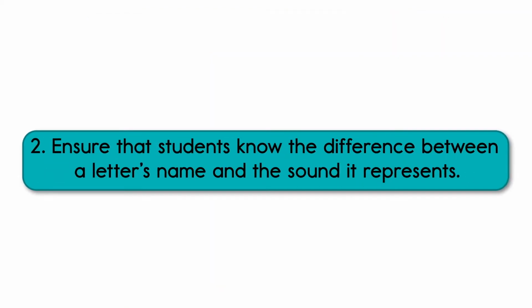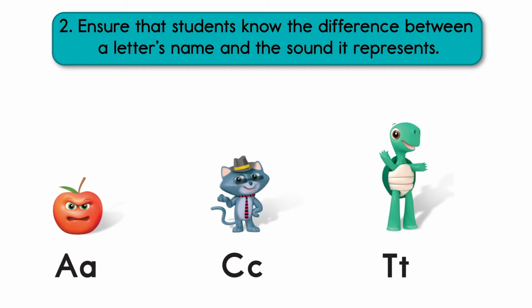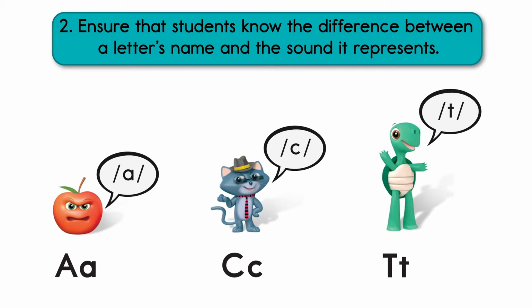Ensure that students know the difference between a letter's name and the sound it represents. You can do this by telling them a story about how the letters of the alphabet are like us, in that they each have a name, and they can speak.